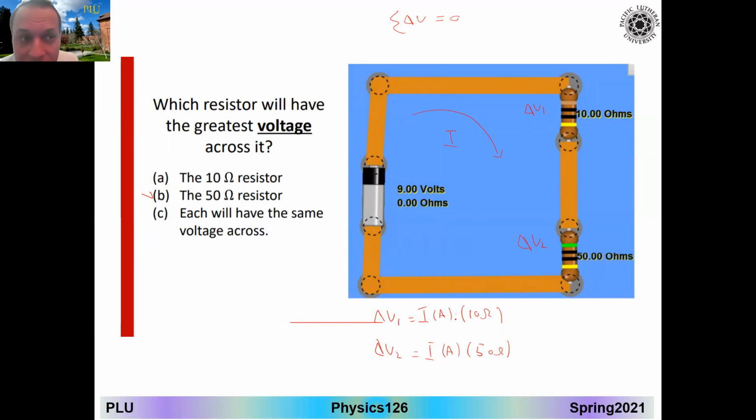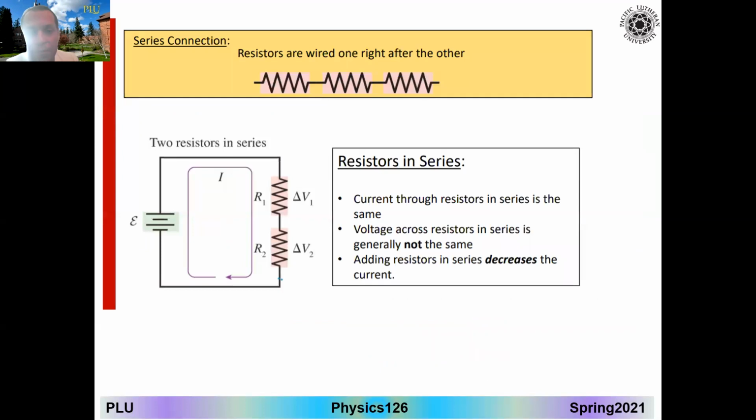Again, when we have series resistors, the voltage is proportional to the value of the resistors. He didn't ask you to find it numerically, but this is just a general estimation that we can end up with from these calculations. The voltage across the 50 is larger than across the 10.